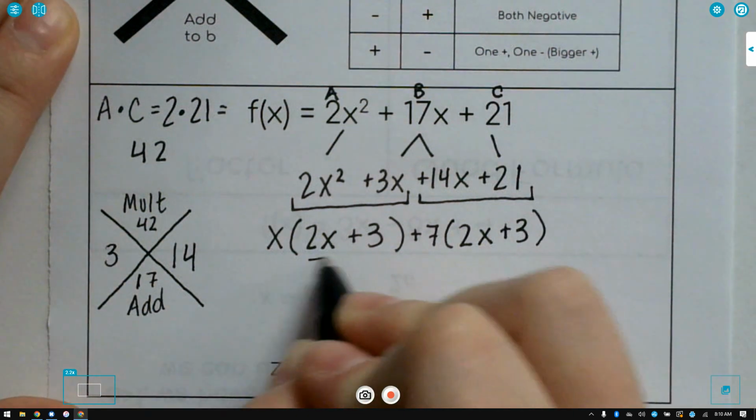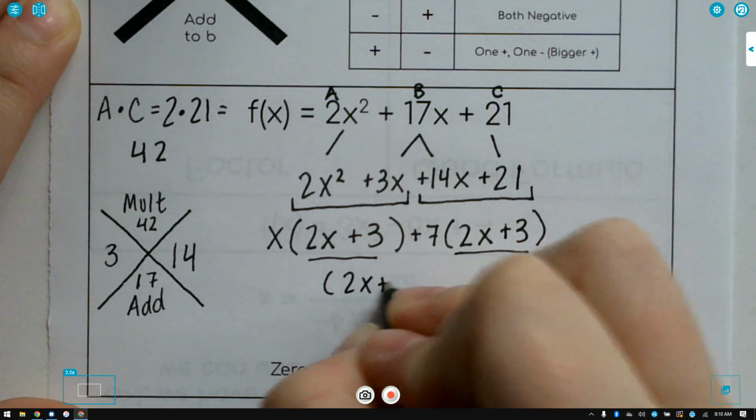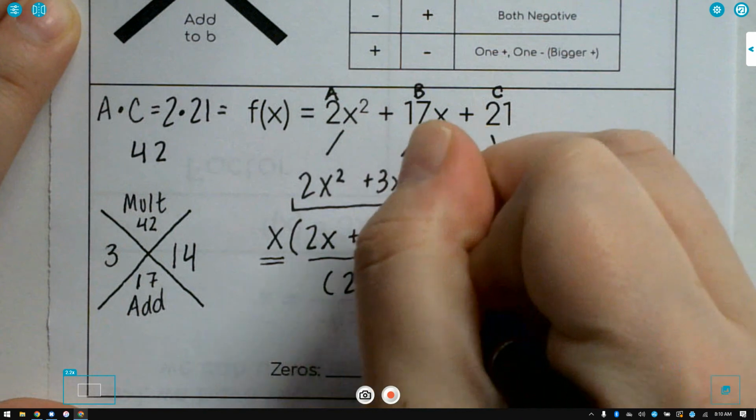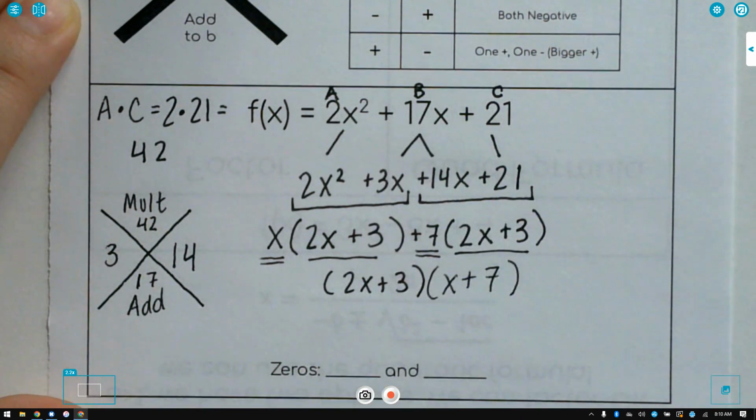So we've got this 2x plus 3. These match up, which is what we want. That's going to be one of my terms. And then this x plus 7 makes up the other.